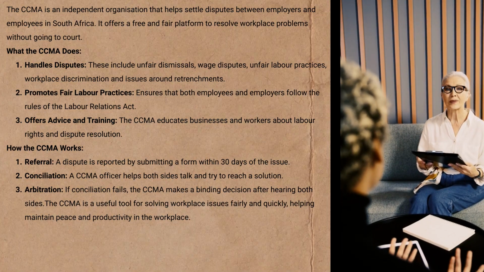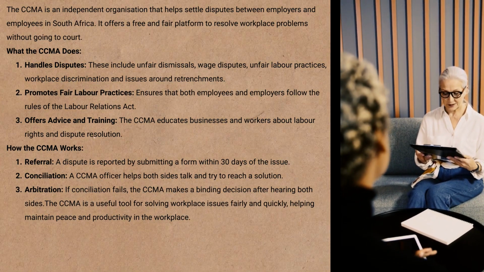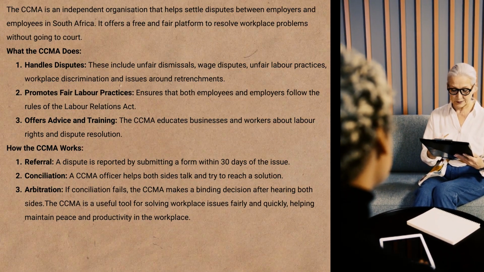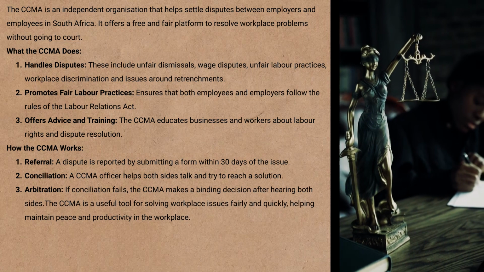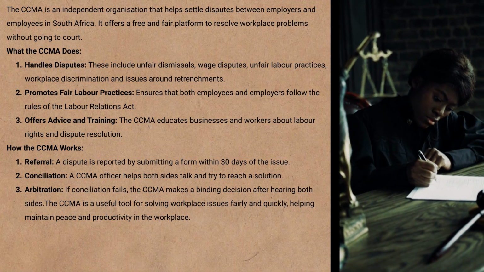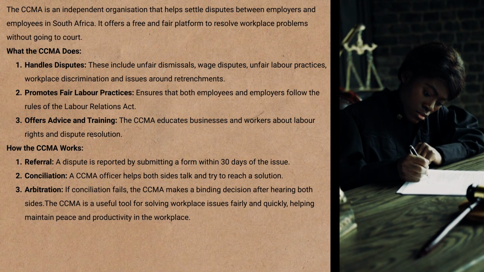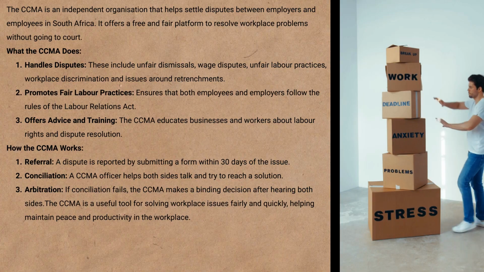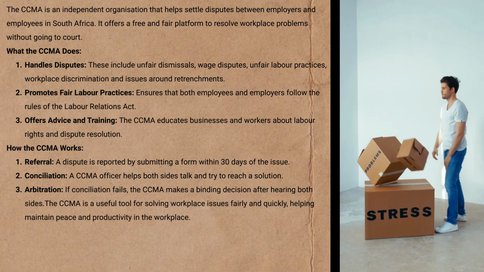Mediation. If talking doesn't work, they move to mediation, where a neutral person helps find a solution everyone can live with. Arbitration. If all else fails, they can make a decision for both parties, kind of like a judge, but for work issues. What does the CCMA do? Resolve disputes.